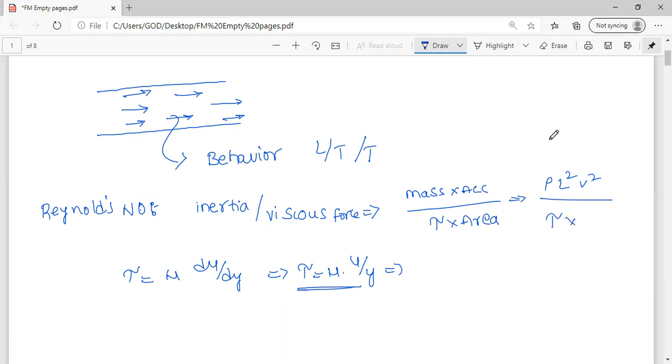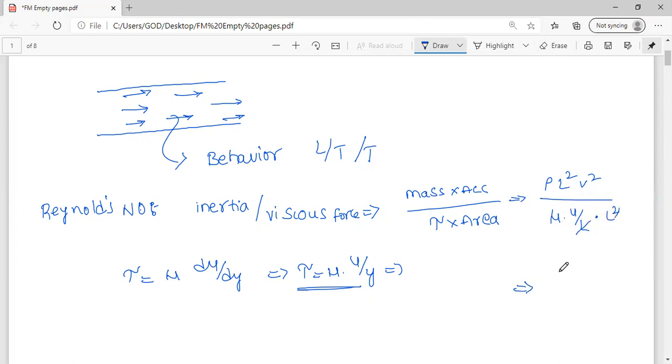Tau can be written as mu into du by dy. So we can write here, it is mu into u by y, into area, which is y square. So it is L square, and this also I'm writing as L because L is the length of the plate. That's it. So if you solve this, what terms are going to cancel? L square.